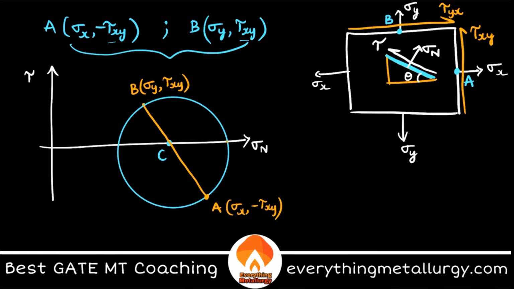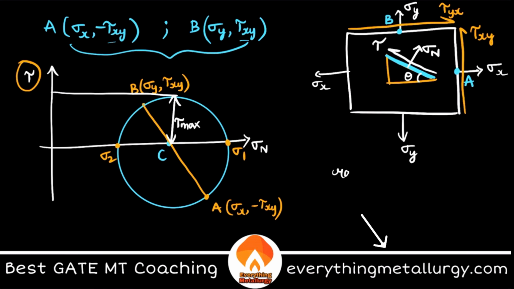So here we have two important values which are called the principal stresses, the maximum and the minimum normal stresses acting. Okay. Similarly, what is the maximum shear stress? Maximum shear stress you can see is nothing but the radius itself. Why? Because this would be with the maximum tau value. Okay.